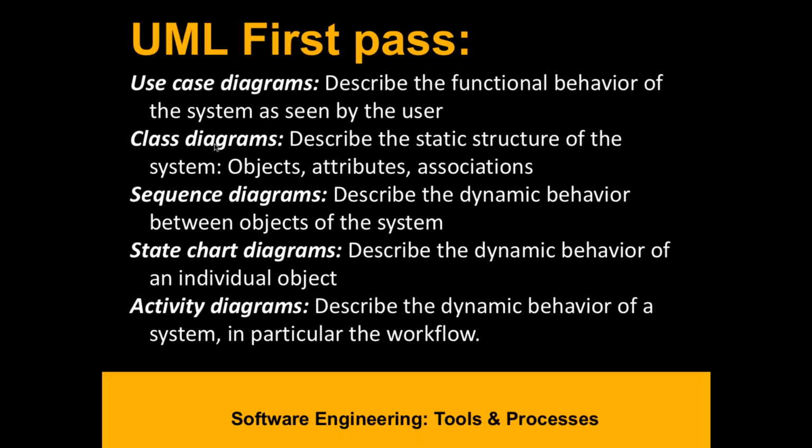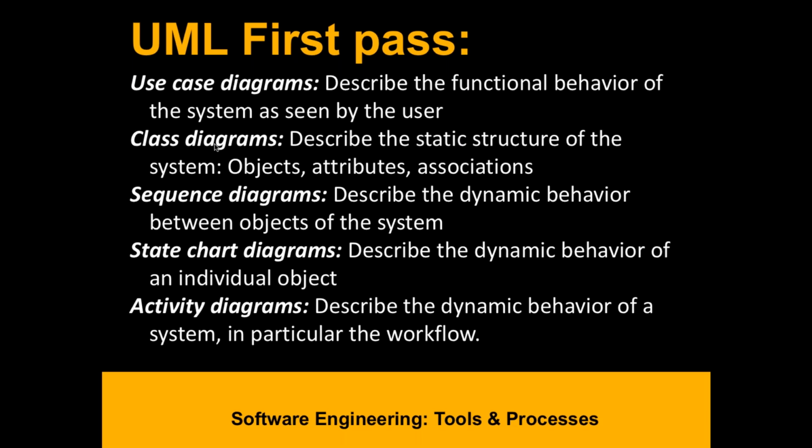Use case diagrams, for example, the purpose is to describe the functional behavior of the system. There we are thinking about what functionality a software system provides. Again, this is from a user perspective, and then that functional behavior is described. Class diagrams, on the other hand, describe the static structure of the system.